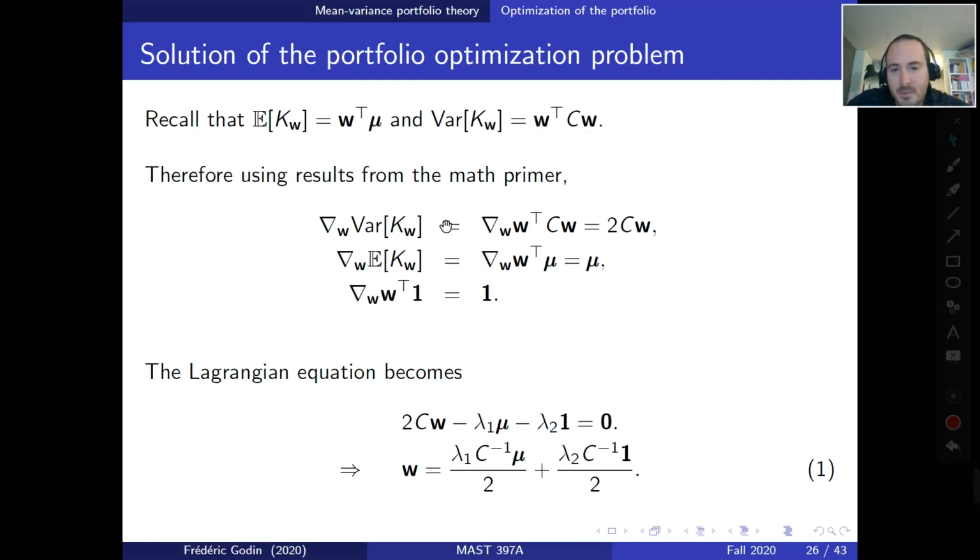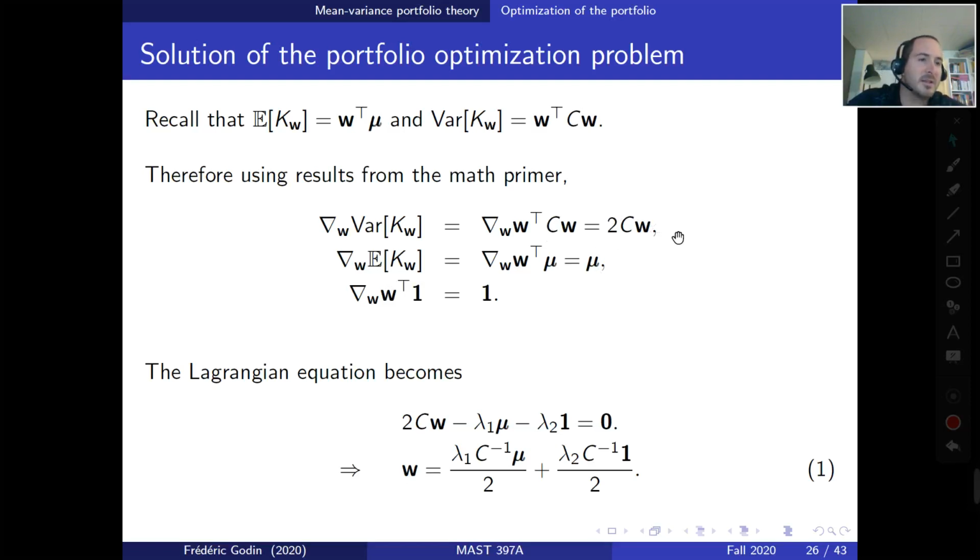Here, the gradient of the variance of the portfolio return is the gradient of W transpose C W. This is a quadratic form with respect to the vector W, and in the math primer we've shown that differentiating this expression gives 2 times C times W. We see here why using the variance is convenient, because the variance of the portfolio return can be expressed as this quadratic form, which is very easy to differentiate in practice.